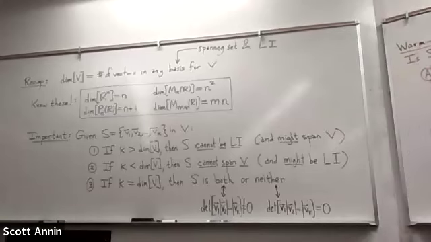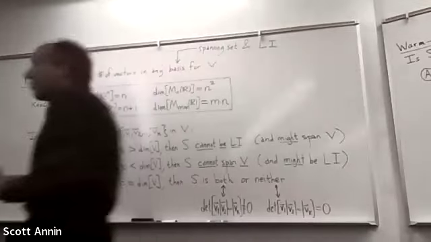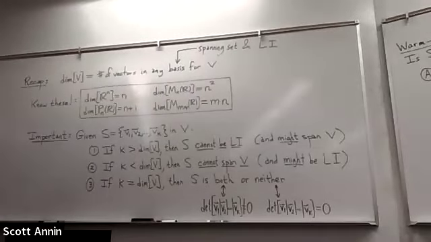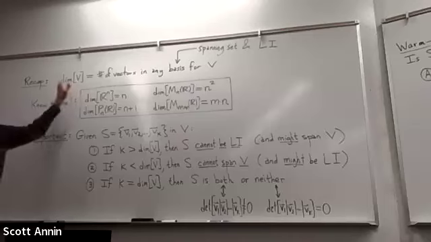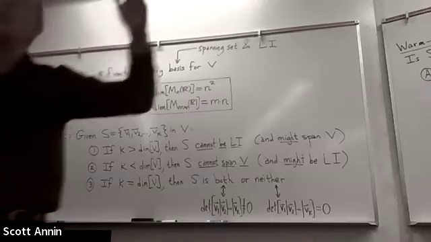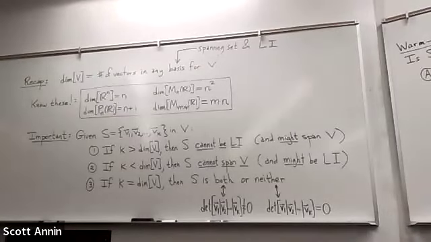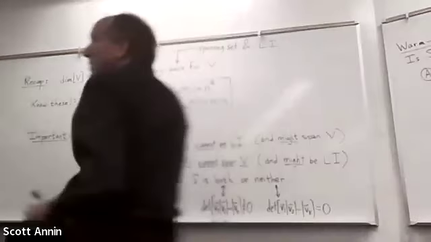But anyhow, let's remember this idea that we were talking about on Tuesday, which is the dimension of a vector space. It's one of the most important numbers that we can associate with a vector space. This is classic vector space theory.